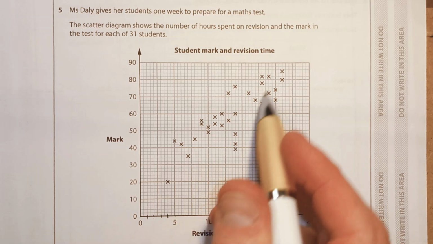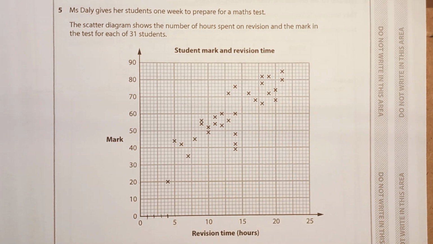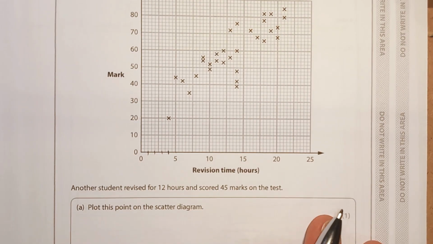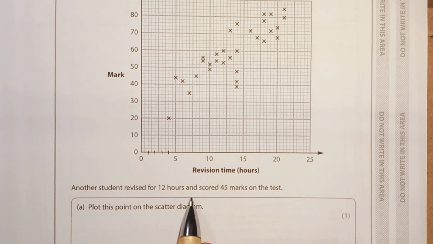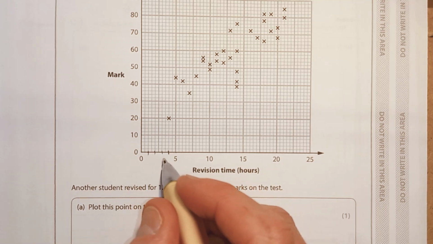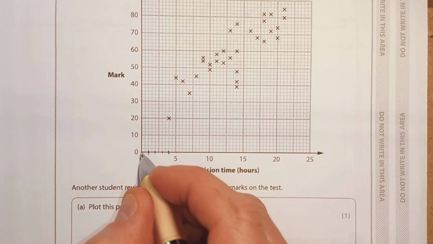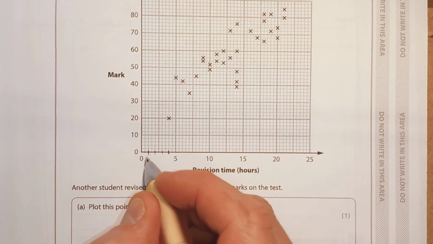Okay? And you can do a similar thing for these other values. We're then told another student revised for 12 hours and scored 45 marks on the test. Plot this point on the scatter diagram. Okay, 12 hours. We've already seen that we need 2 of these boxes for 1 hour.